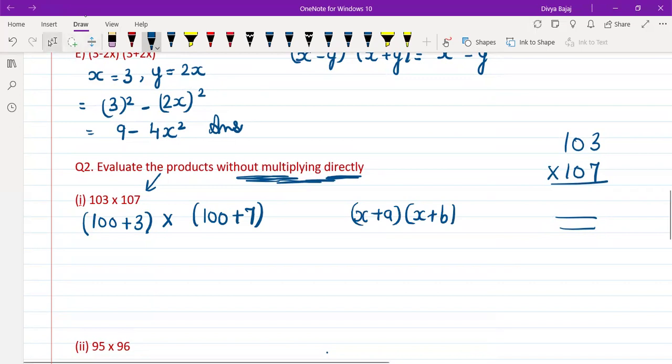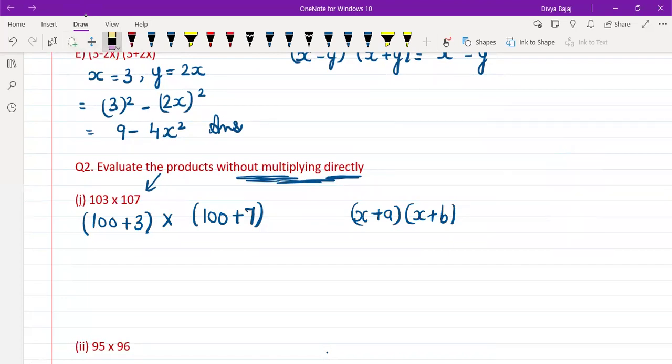So let's recall this identity that we used in the previous question also, which says x square plus a plus b of x plus the product ab. So applying this identity, let's solve this question.